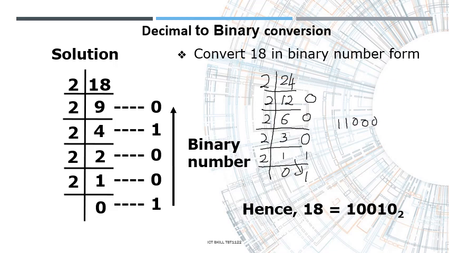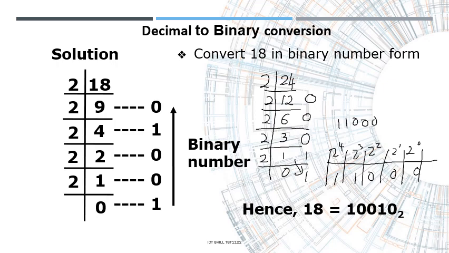If you calculate 11000 to decimal, the weights are 1, 2, 4, 8, 16, so the digits give 0, 0, 0, 8, 16.